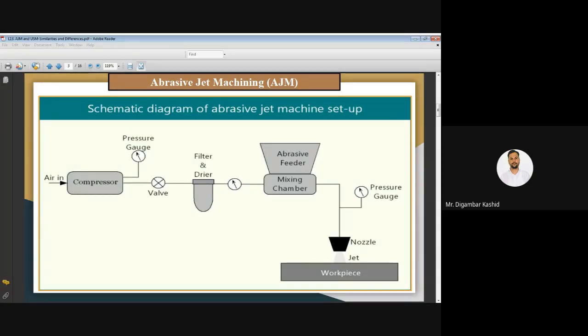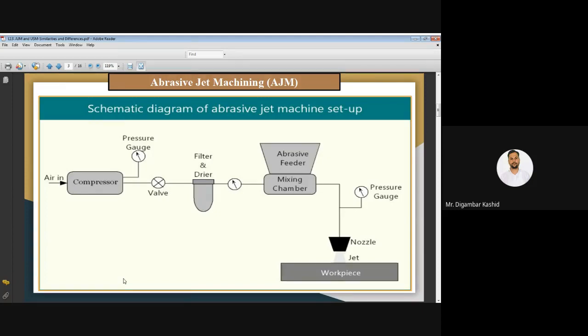Okay, and this abrasive jet possesses enough kinetic energy to release the material removal. Due to the impact of that hard abrasive, erosion will take place. Okay, so that is about the abrasive jet machining.